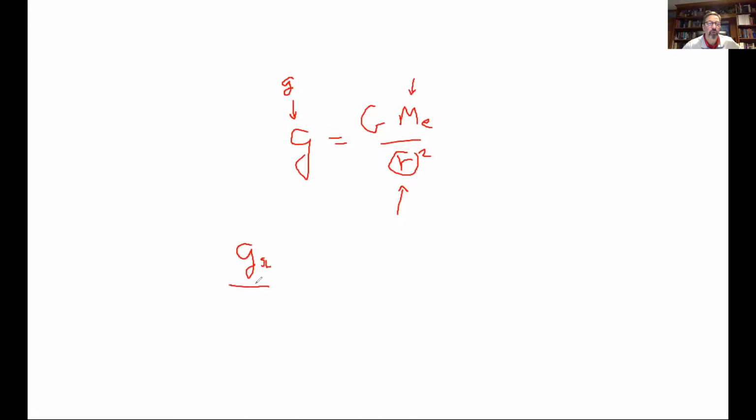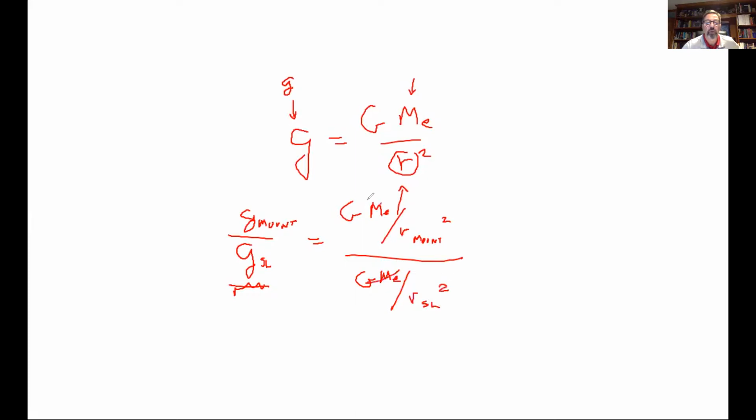Which way do I want to do it? Let's go the other way. Let's get rid of that. At the top of the mountain, which is, I can't even pronounce that, Chimborazo, I guess, so I'm just going to go mountain. Wouldn't that be G times the mass of the Earth divided by the radius at the top of the mountain squared, divided by G times the mass of the Earth divided by the radius of the Earth at sea level squared?